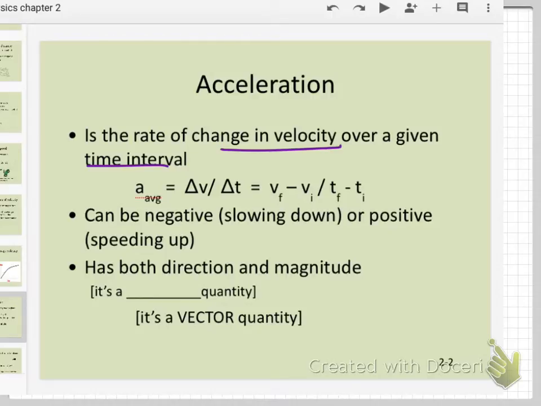We typically at this point are still talking about average velocity, change in velocity over change in time. And that's the same as your final velocity minus your initial velocity divided by how long it took you to get there.